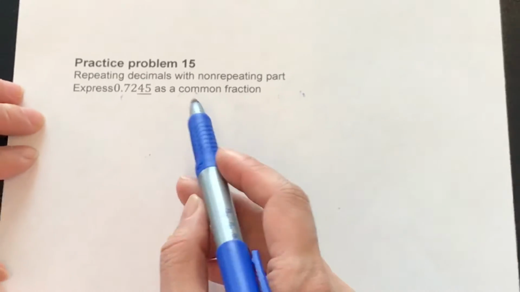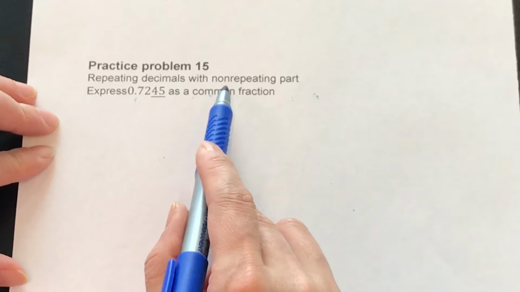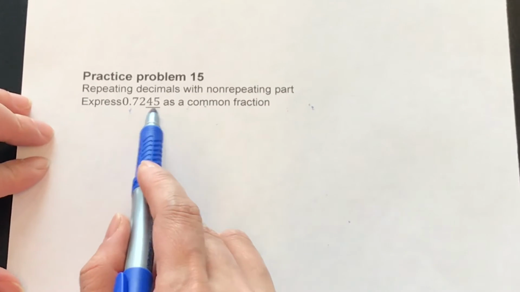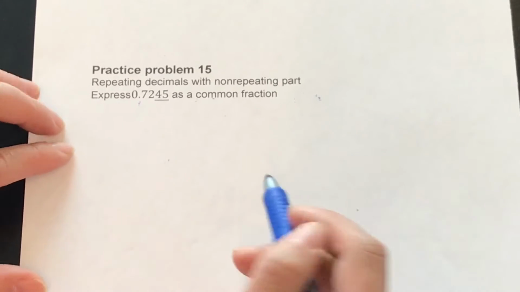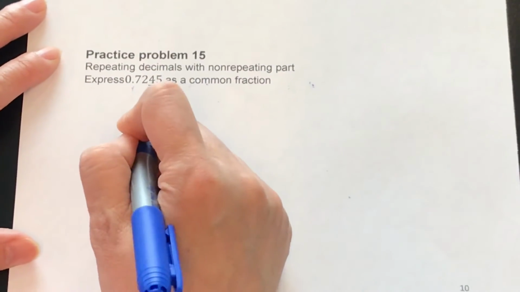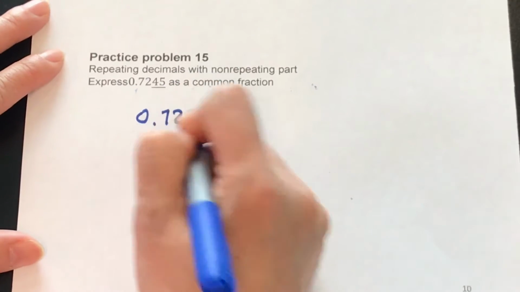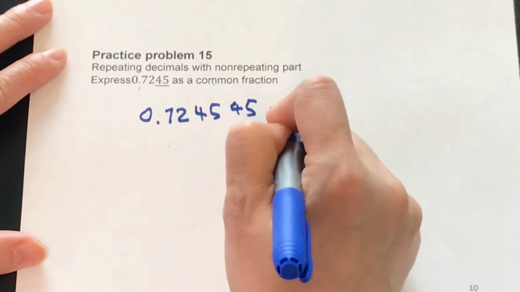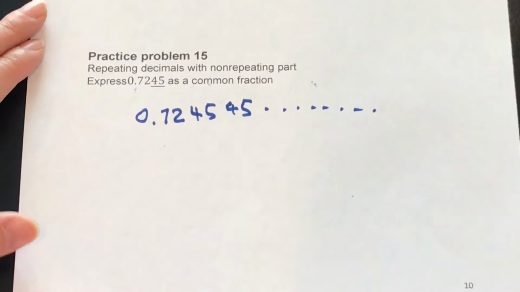Practice problem 15. Repeating decimals with non-repeating part. Express 0.7245 repeating as a common fraction. Okay, so this one is actually 0.724545 repeating forever.